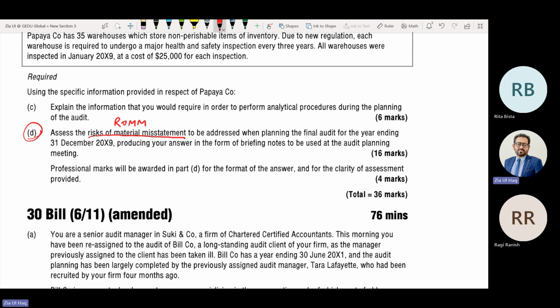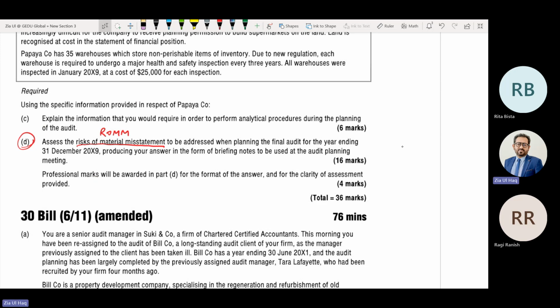In risk of material misstatement, every risk we need to link with the misstatement in the financial statements. For every risk, we need to explain the impact on the financial statement, either inherent or control. Because risk of material misstatement means risk relating to chance of misstatement in the financial statement. There are 16 marks. This means we need to identify 8 risks, 8 multiplied by 2 marks each, and we will be able to get 16 marks.